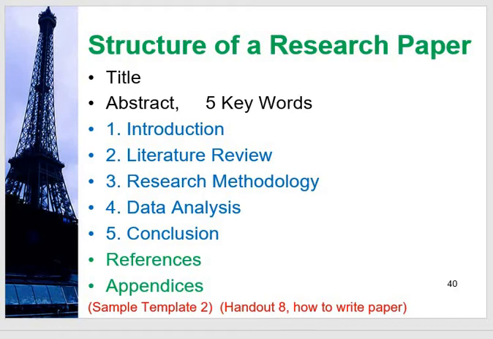First of all, title, then abstract, then 5 keywords, introduction, literature review, research methodology, data analysis, conclusion, references, appendices. See sample template 2, or handout 8, how to write a paper. Template 2 is the most important one.